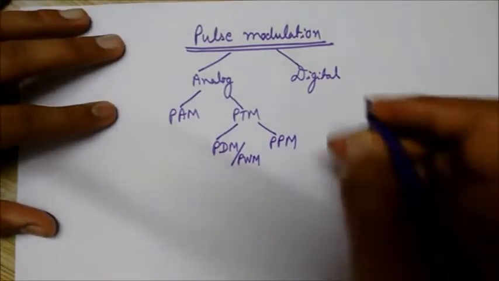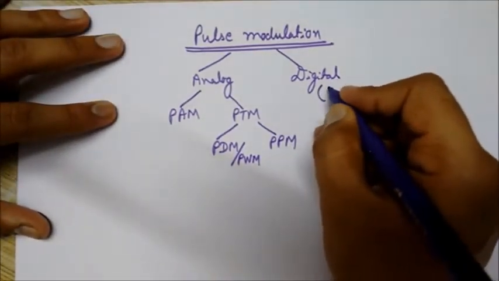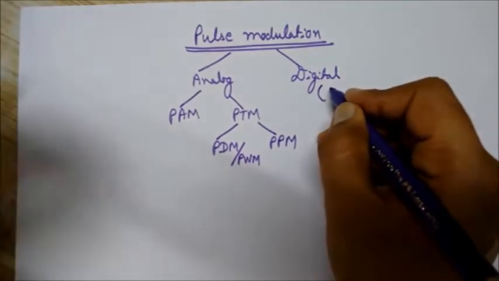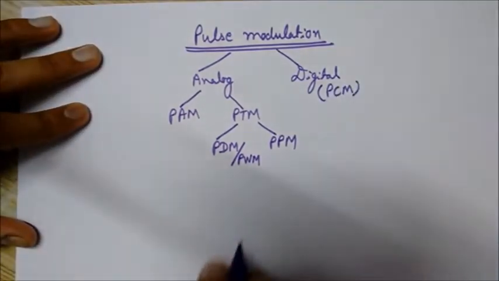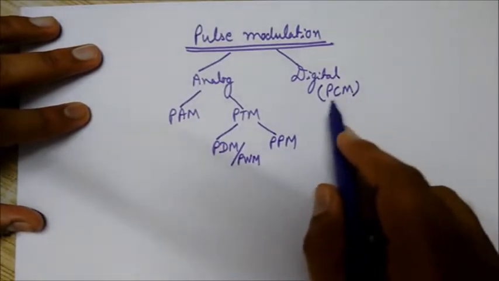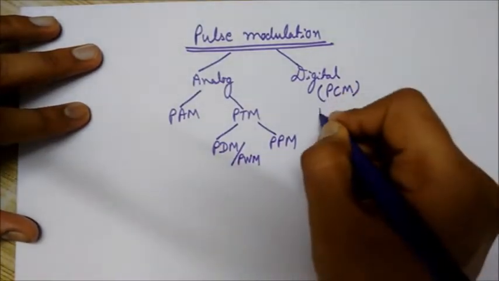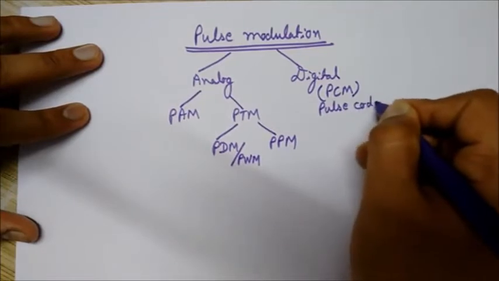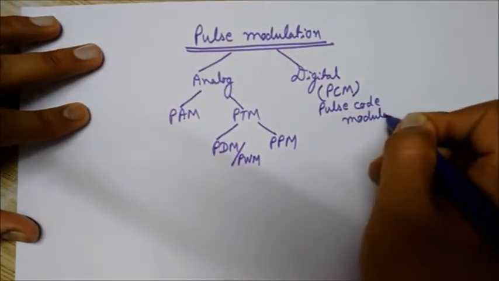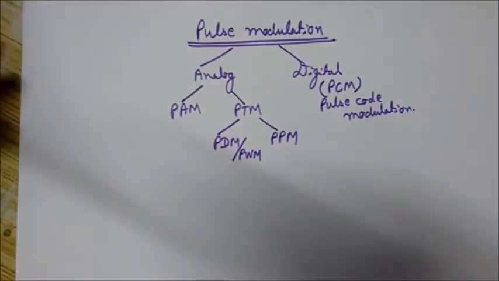The example of digital pulse modulation is PCM, as we have seen already, pulse code modulation. In pulse modulation the carrier wave is in the form of a train of pulses, while in continuous wave modulation that we have discussed earlier, the carrier wave was a continuous wave.